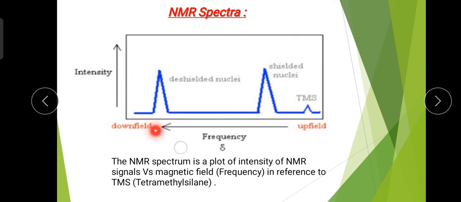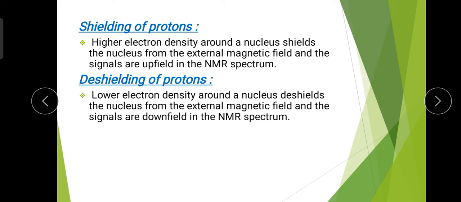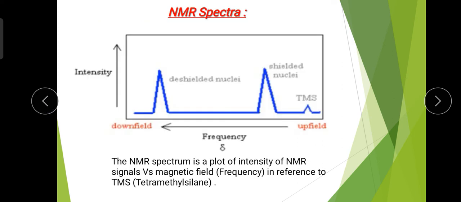So we get the peak at the downfield for the de-shielded nuclei, and the peak at the upfield for the shielded nuclei, and this is all due to the electron density around the nucleus. So this is the NMR spectra.